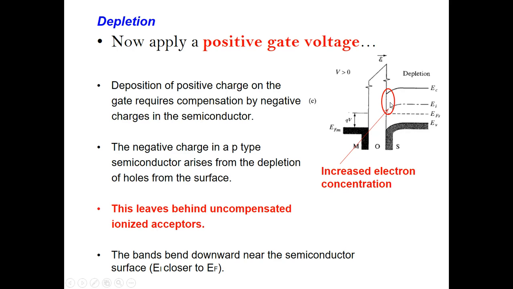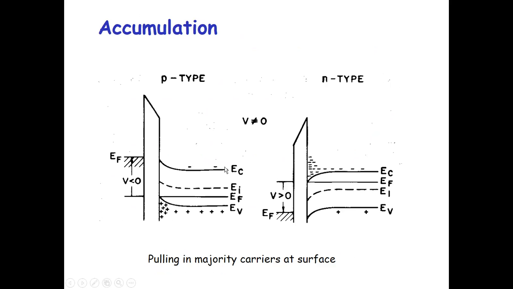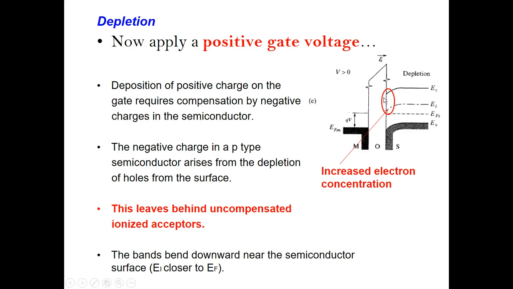To indicate that the bands are bent downward, we can see that this EC is now closer compared to the previous case of accumulation. In case of accumulation, EC is far away from the Fermi level, but now EC is somewhat near to the Fermi level. That shows the accumulation of negative charge at this surface.